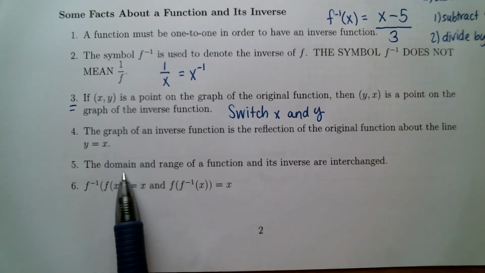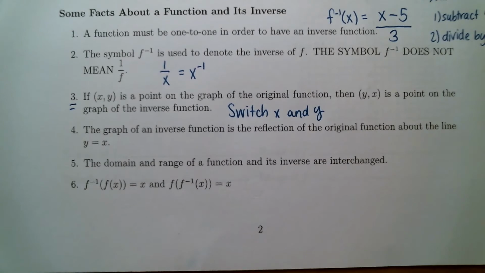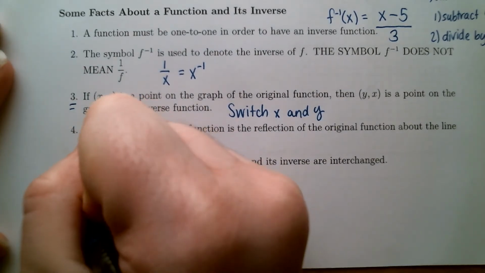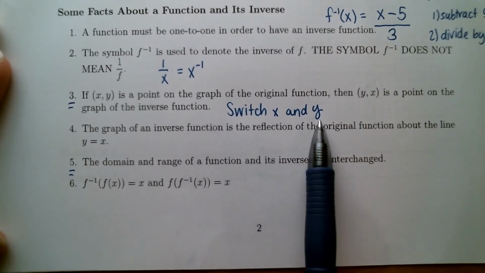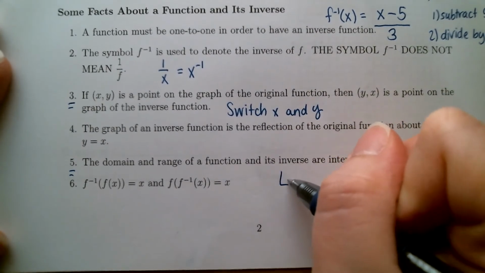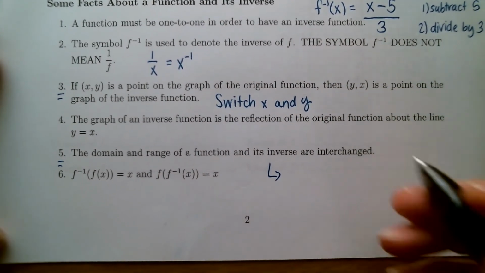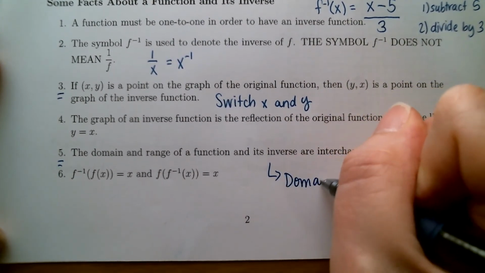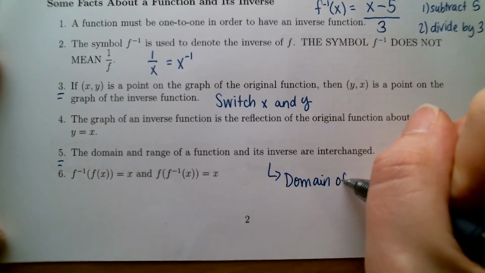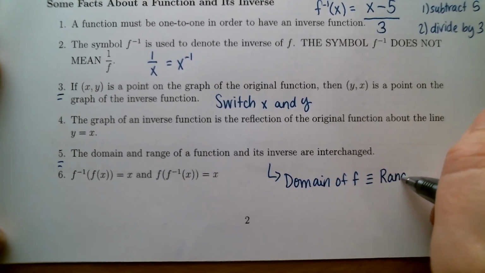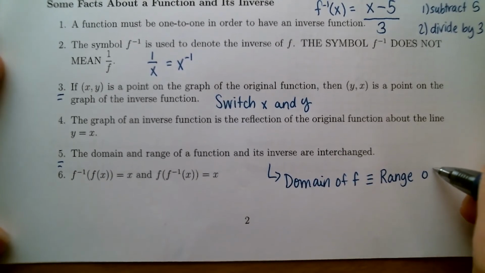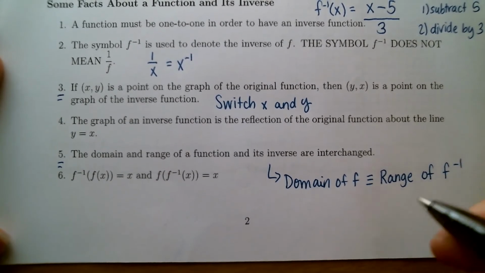Okay, number 5, the domain and range of a function and its inverse are interchanged. Very important. It comes back to this whole idea with inverses that you're going to switch x and y. Again, you'll see this illustrated in the examples, but this statement is telling me that the domain of f is going to be equivalent to the range of f inverse.